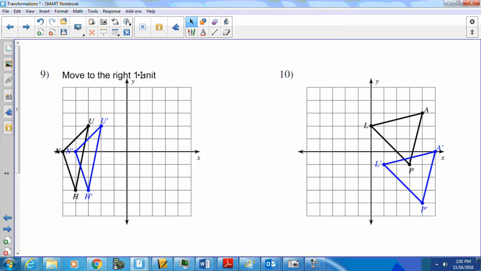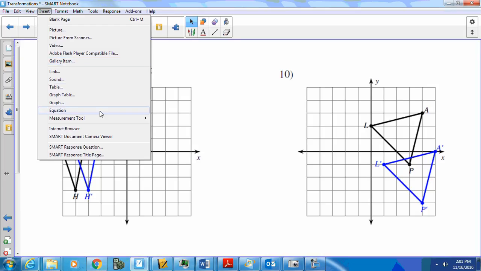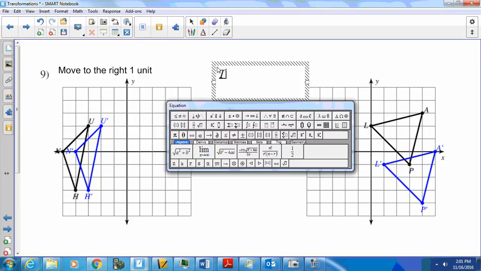You don't even have to say up or down because there is no up or down movement. You also could write it this way. It'd be positive 1 and then 0. That'd be another way to write it.